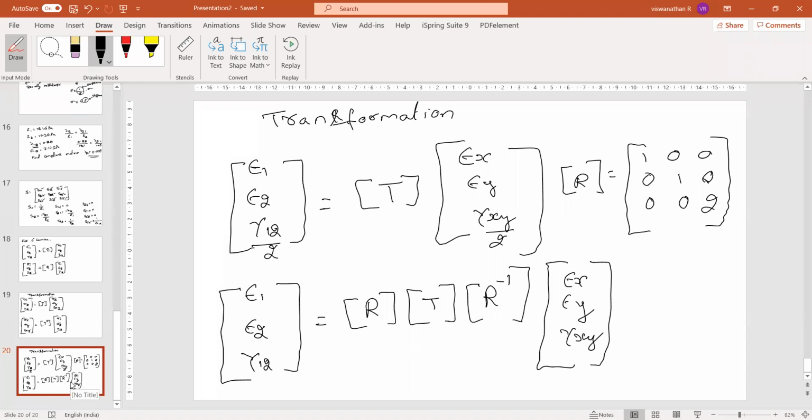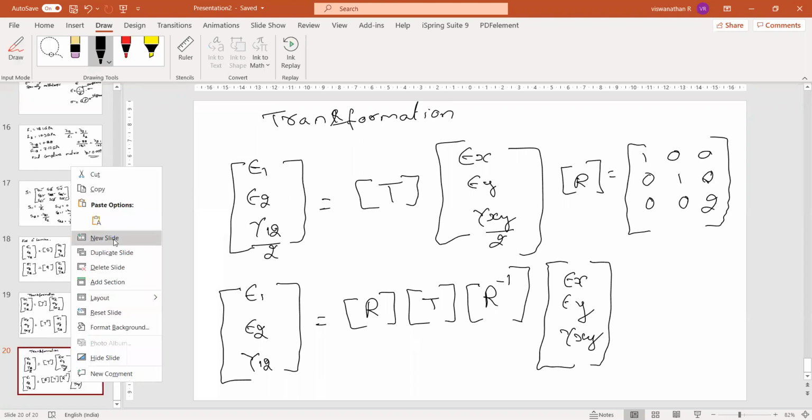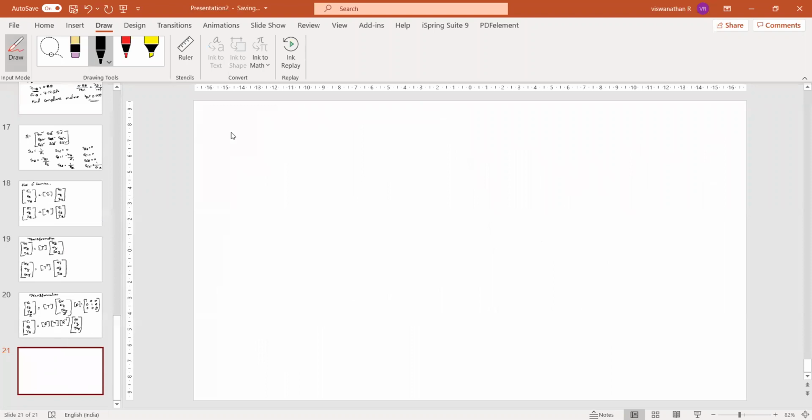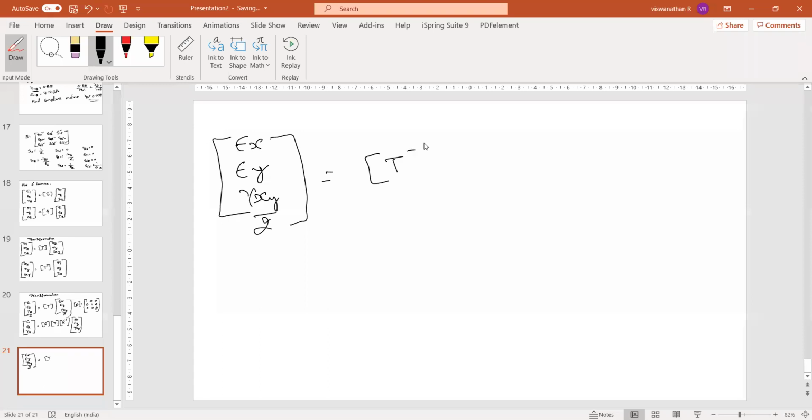Suppose you write it for the inverse transformation. The inverse transformation is: epsilon x, epsilon y, gamma xy by 2 is equal to the inverse transformation multiplied by epsilon 1, epsilon 2, gamma 1 2 by 2.